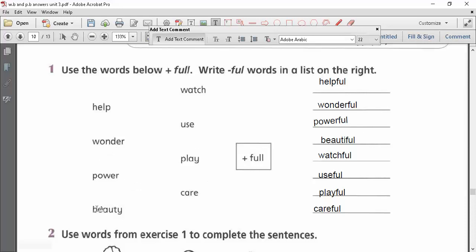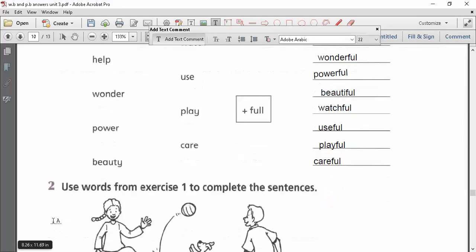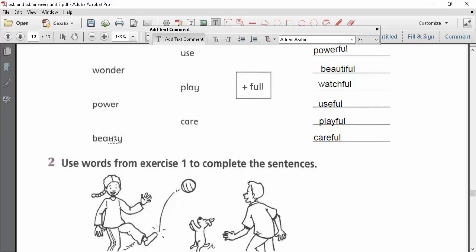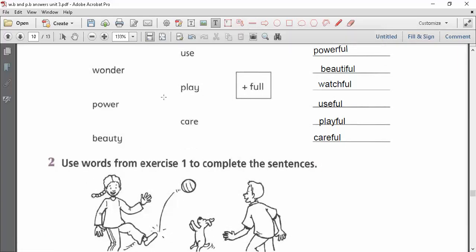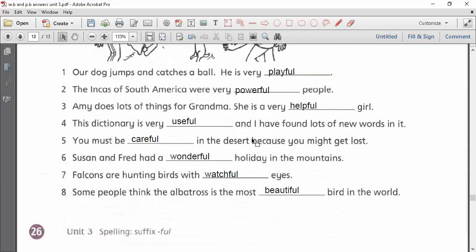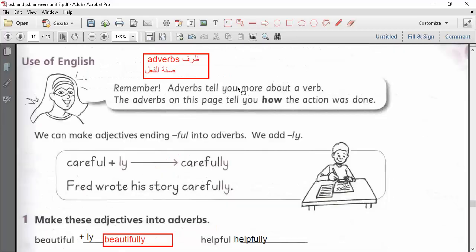Wonder, wonderful. Power, powerful. Beauty, beautiful. Look at beauty. We cross out y, then add i to the adjective. These are words which can be filled in the blank spaces. Next.